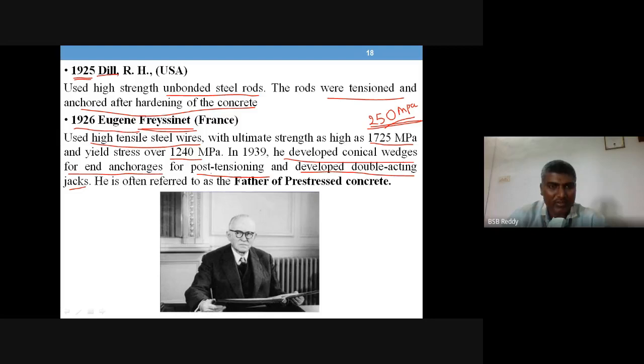All these equipment are being used nowadays. So he is called the father of prestressed concrete because he was able to use high tensile steel wires, and he developed the instruments and devices that are to be used in pre-stressed concrete.